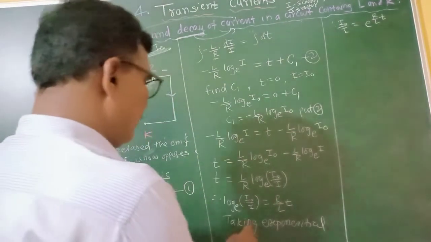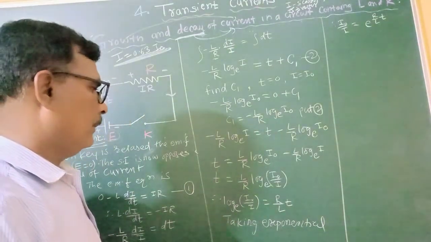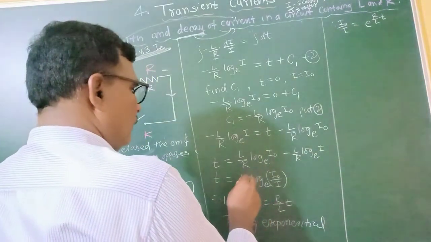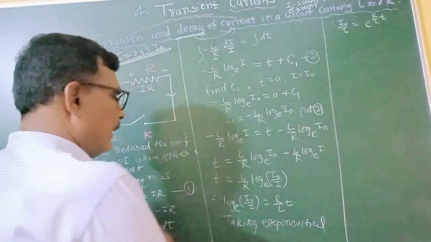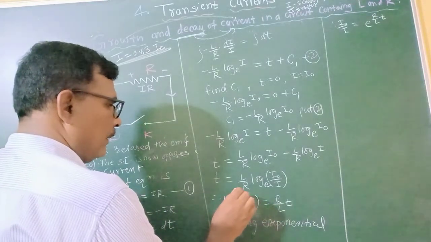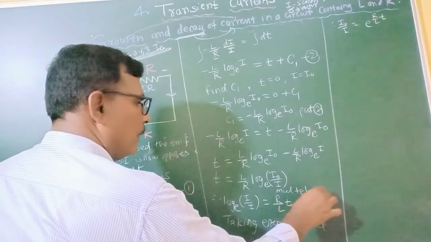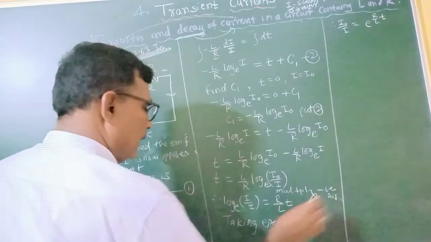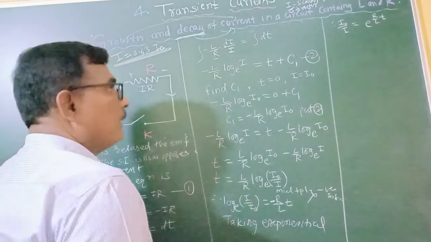We have reversed the term. Multiplying by the minus sign, we get I upon I0, and here the sign is minus.